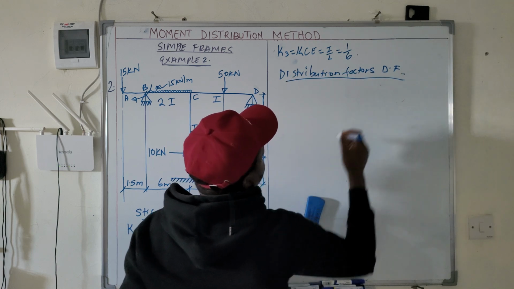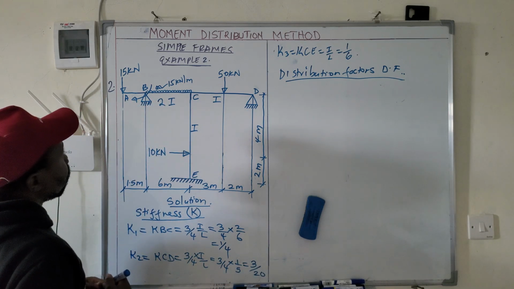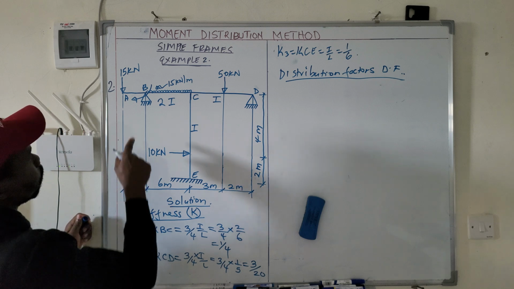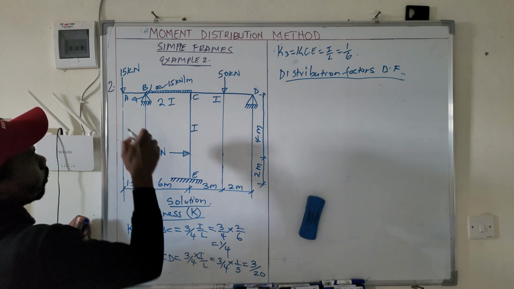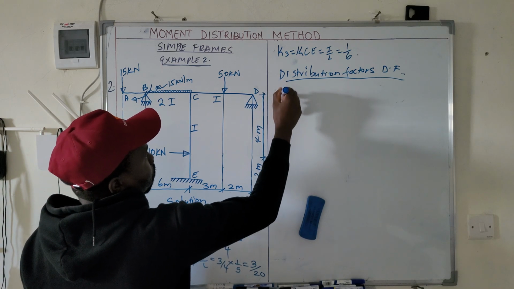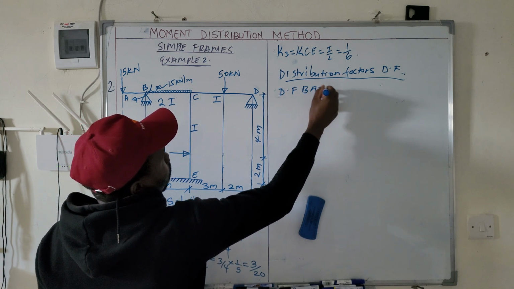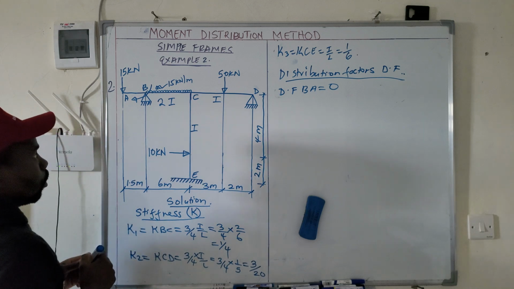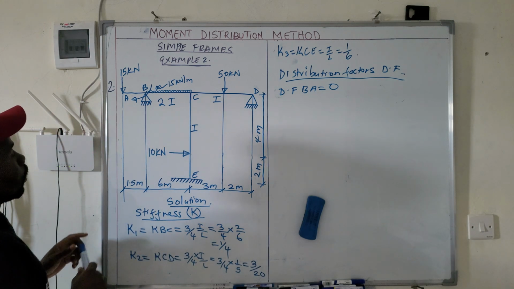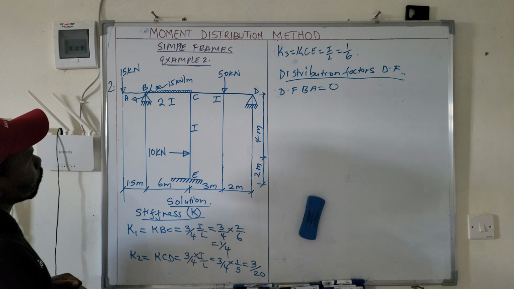We will begin by this point B. Distribution factor BA is equal to 0 because this is an overhanging portion and it does not resist any moment.